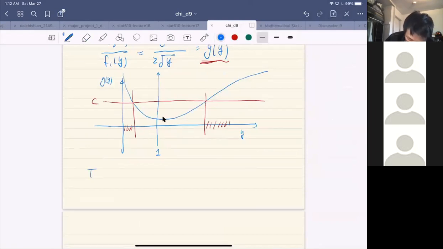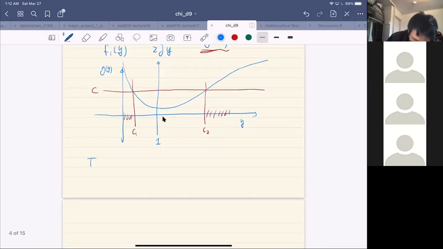So in that case, the test can be like this: C1, C2. The test depends on C1 and C2 and y. We will reject if y is smaller than C1 or y is greater than C2. And if y is in between, we will not reject.